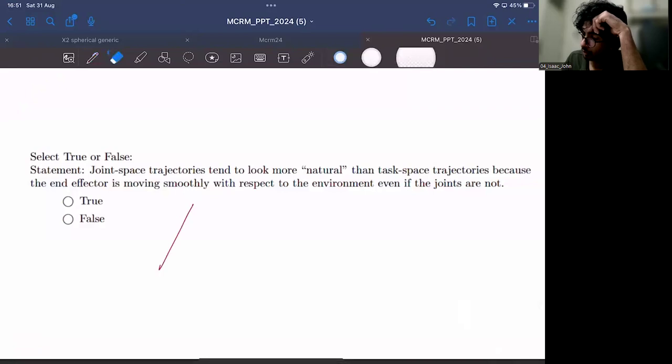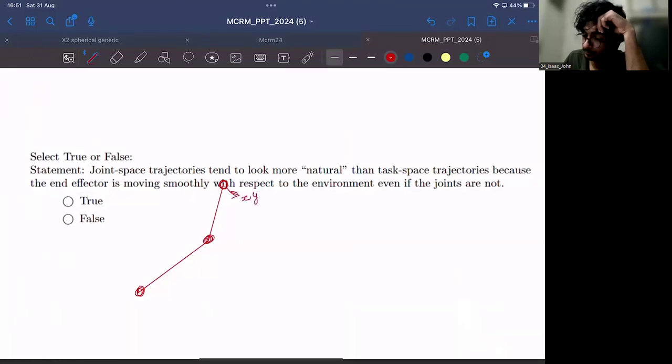So if you have a 2R manipulator like this, call this X comma Y. And if you call these the joint variables, theta1, theta2, which would be more natural actually?